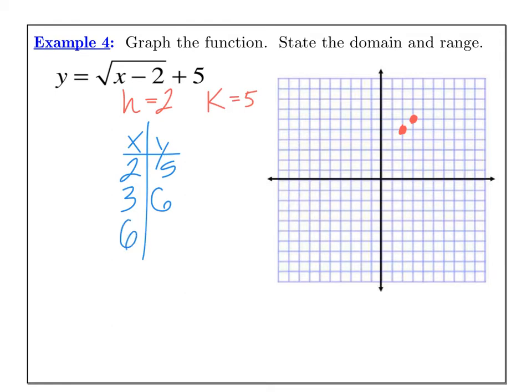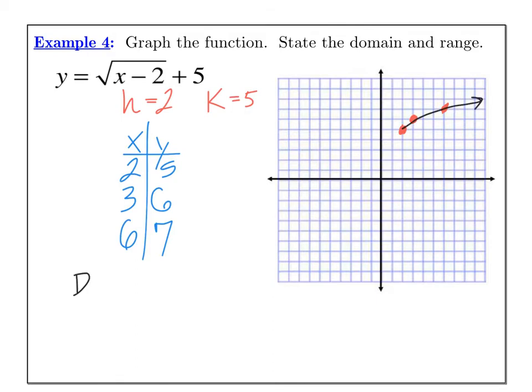Let's plug in 6. 6 take away 2 is 4. The square root of 4 is 2, plus 5 more is 7. So here we are at 6, 7. 1, 2, 3, 4, 5, 6. 1, 2, 3, 4, 5, 6, 7. And now what we can do is connect the dots. And that's our graph.